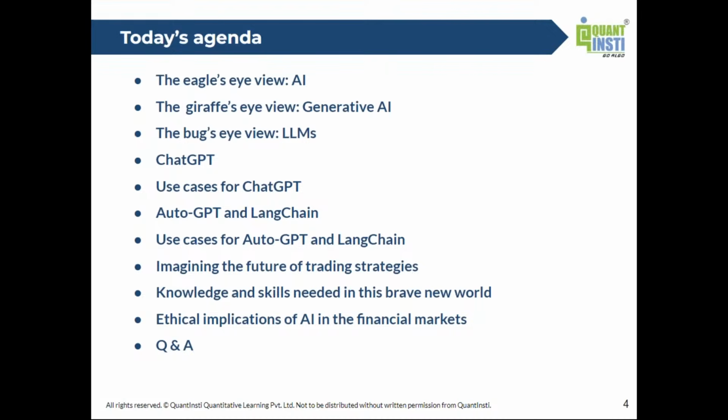I'm going to try and speculate or forecast what the future of trading strategies is going to be. Hopefully that should give us some idea as to what we can do to future-proof ourselves, if we want to be in this industry, and what kind of knowledge and skills we need in order to thrive in this kind of environment. The last thing I'll touch upon are some ethical implications of these powerful technologies when they get used so widely in the financial markets.